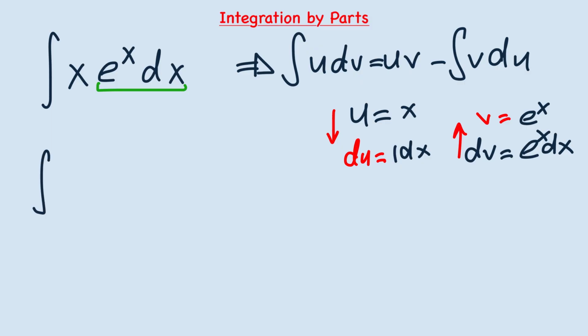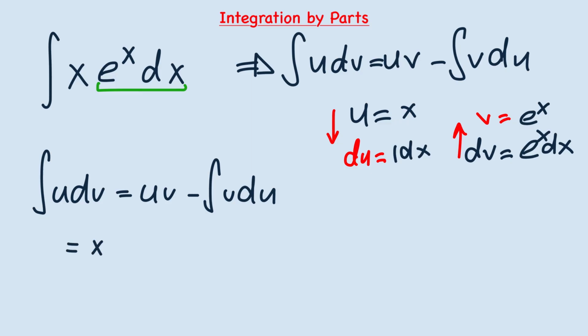It will be integral of u dv equal uv minus integral of v du. Now let us start plugging in the values. Now we have uv. u equal x and v equals e to the power x, minus integral of v du. v equals e to the power x and du equal 1 dx.